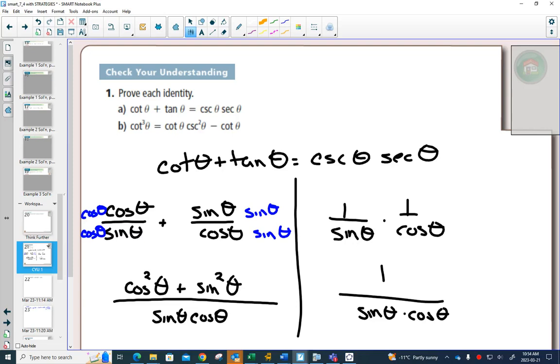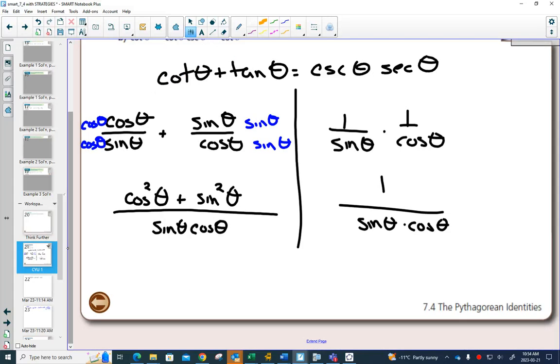And we're very close. We've got a single fraction on both sides. But now we're going to start looking for some of those other identities. And you know that sine squared plus cos squared is always equal to 1. So we get 1 over sine theta cos theta.